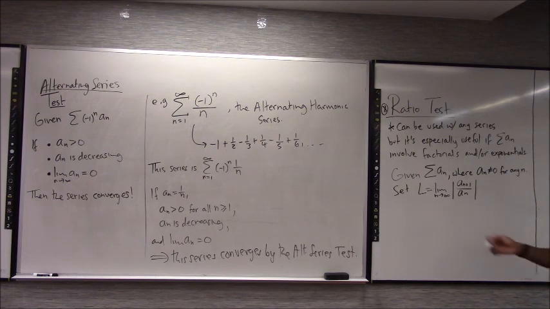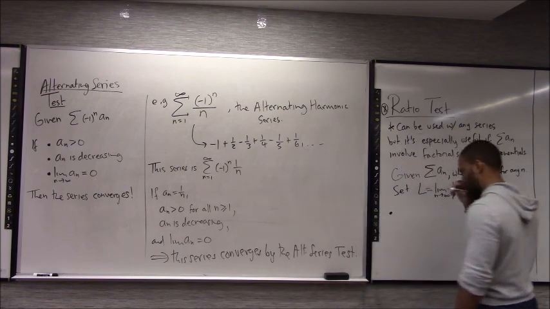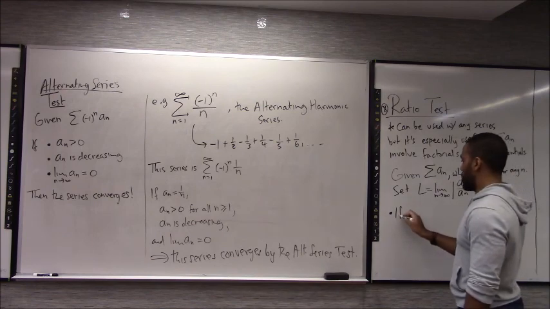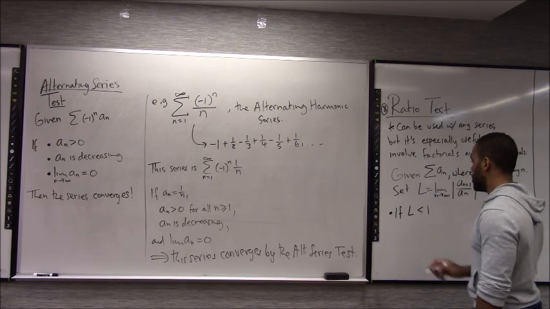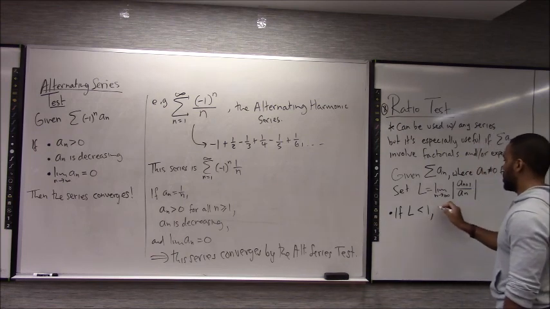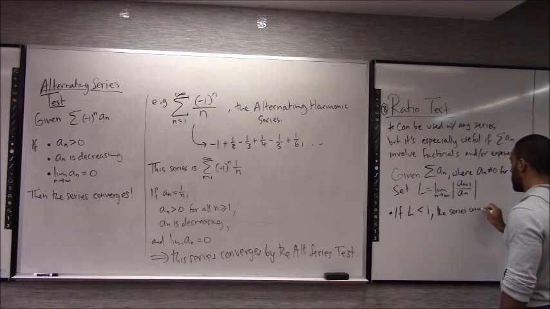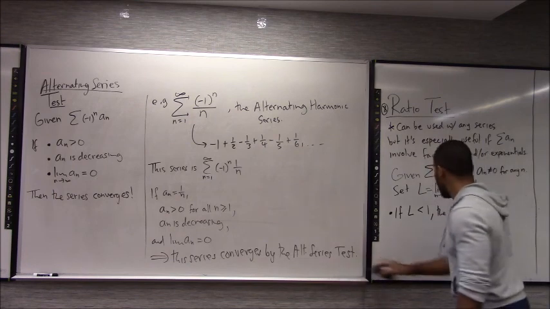Here are conclusions you can make. One: if that number is less than 1, the series converges. More than converges, it converges absolutely, in fact.